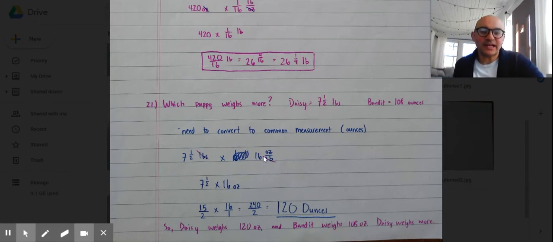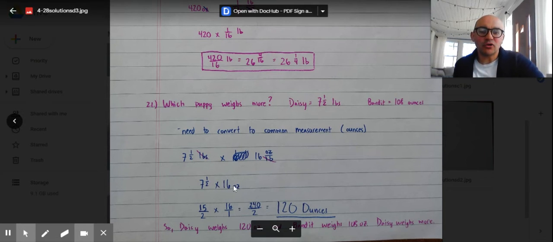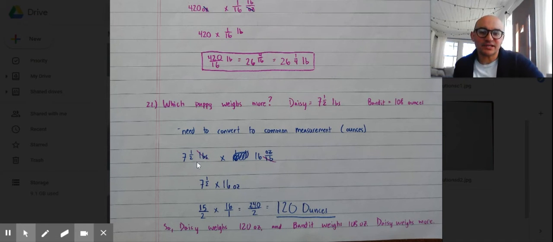I cancel out pounds and I'm left with 7.5 times 16 ounces. 7.5 I need to convert to an improper fraction. So I do that and I get 15 halves times 16 over 1. And as I multiply top times top, I get 240.